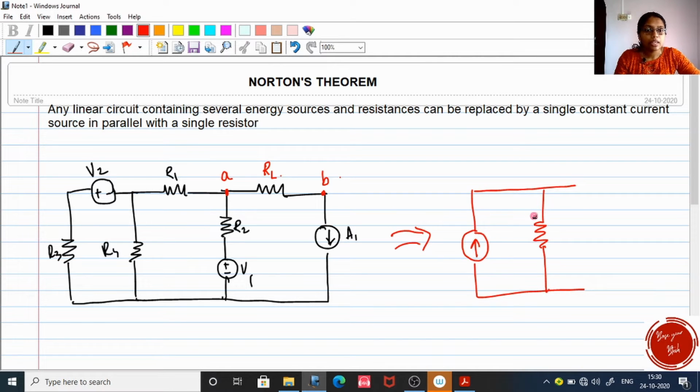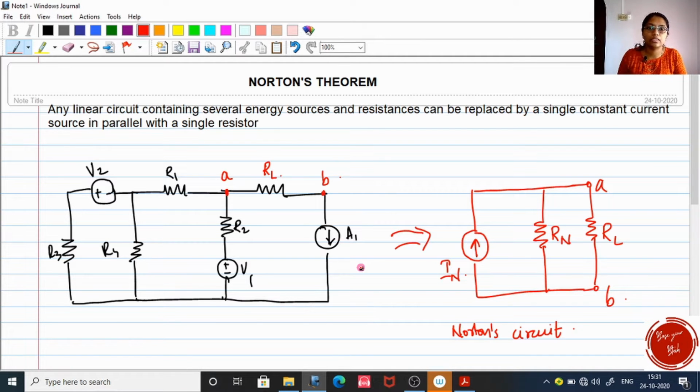This time the resistor is known as Norton resistance, Rn, and the current source is called In. Okay, and here this terminal is the load terminal, as we had in the Thevenin circuit. This is the load terminal AB, across which we connect our load resistance RL. So this particular circuit is known as Norton's circuit.